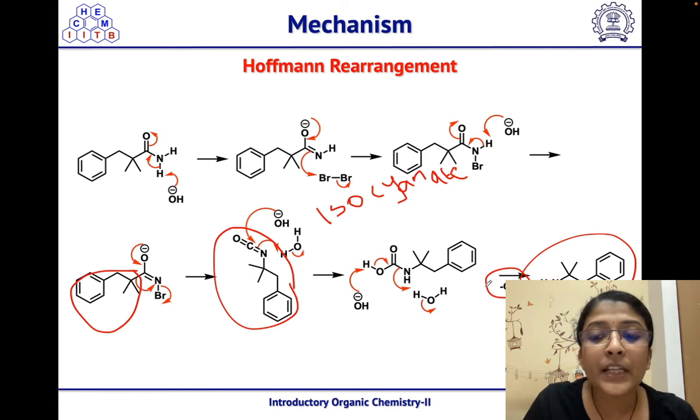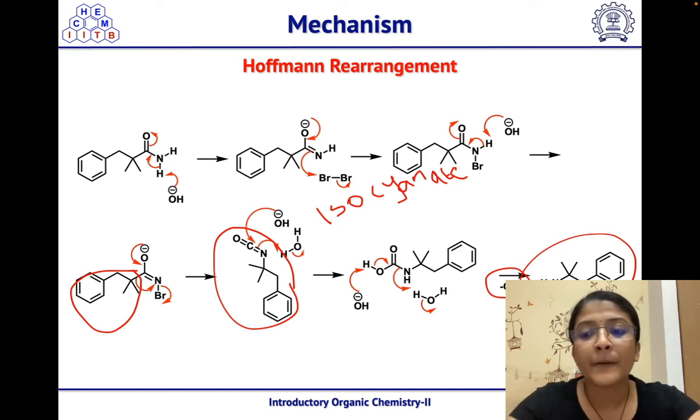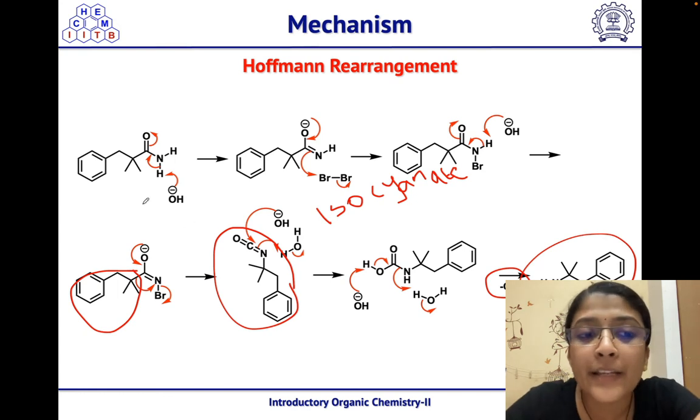One carbon is removed as carbon dioxide. Any doubt regarding the mechanism of Hofmann rearrangement? Here the amide is converted into an amine. In Hofmann rearrangement, amide is converted into amine with one carbon less.